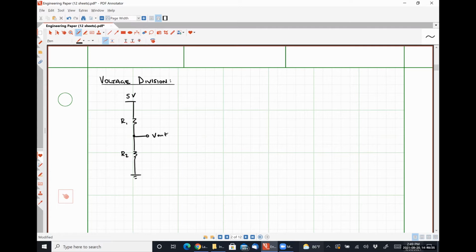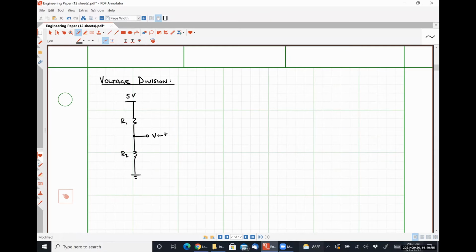And the resistor R1 or R2 might have been some sort of detecting resistor, like an LDR or photoresistor, or it could have been a negative temperature coefficient thermistor, I think is the right word.